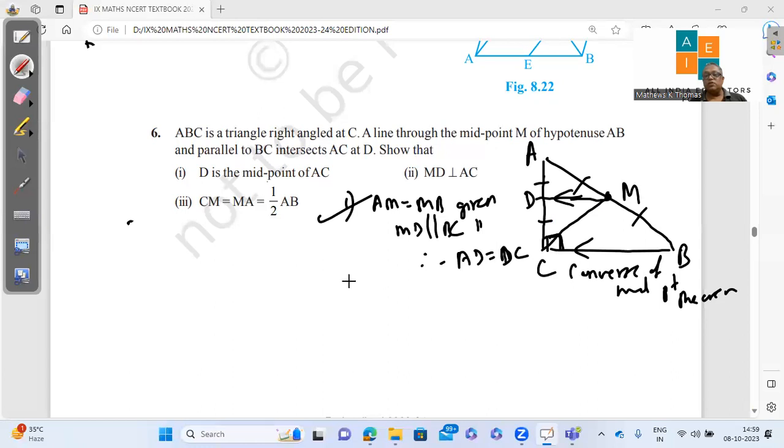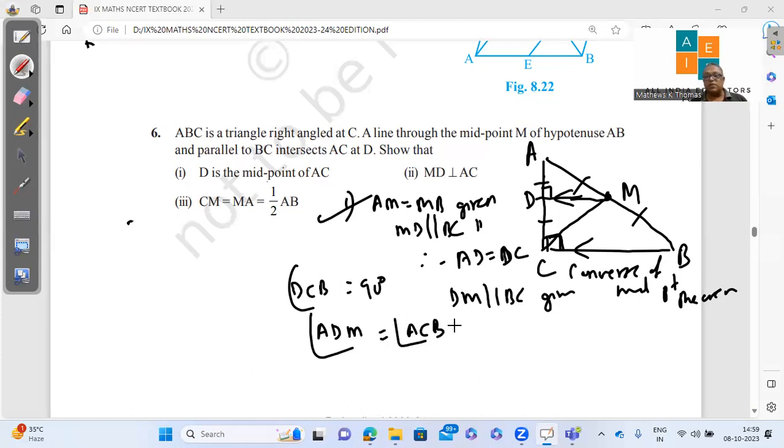Now this angle is already 90. Angle DCB is already given to us as 90. And DM is parallel to BC is also given to us. And therefore, I can say that angle ADM is also 90 because they are corresponding angles. Angle ADM is equal to angle ACB, 90 degrees, corresponding angles.